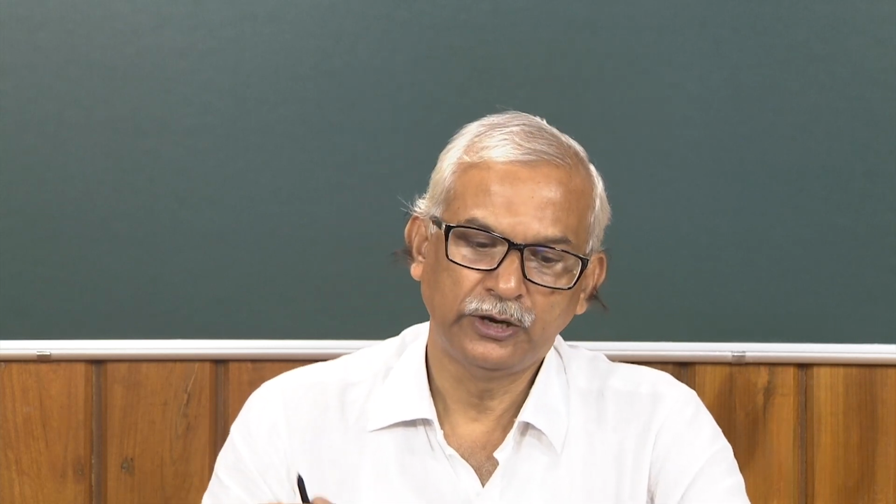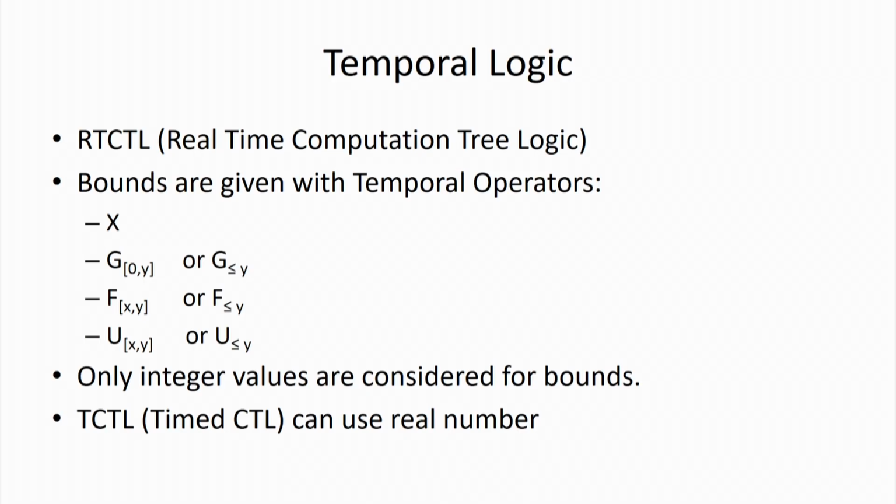For that, what will happen? All those operators will be given some bounds. X is basically the next state, we do not have any problem. If we are having a state in the next time, it should get it. But for G, globally, whether we are going to look for all futures or we are going to bound it to some time, it will be something like looking into some bound y.